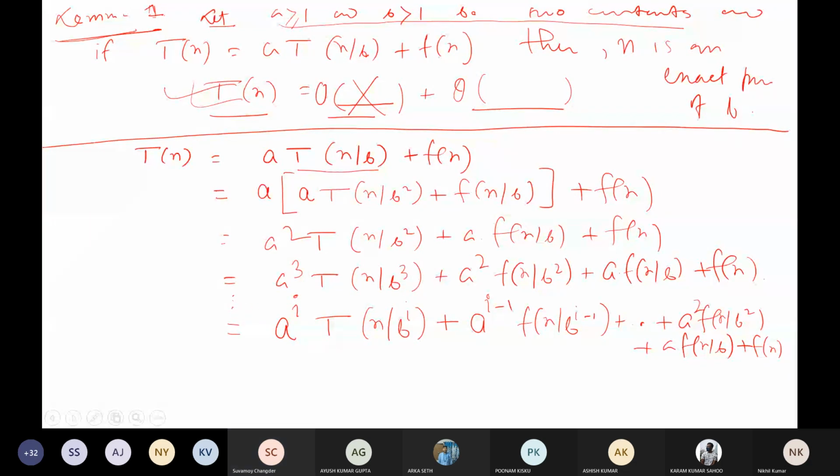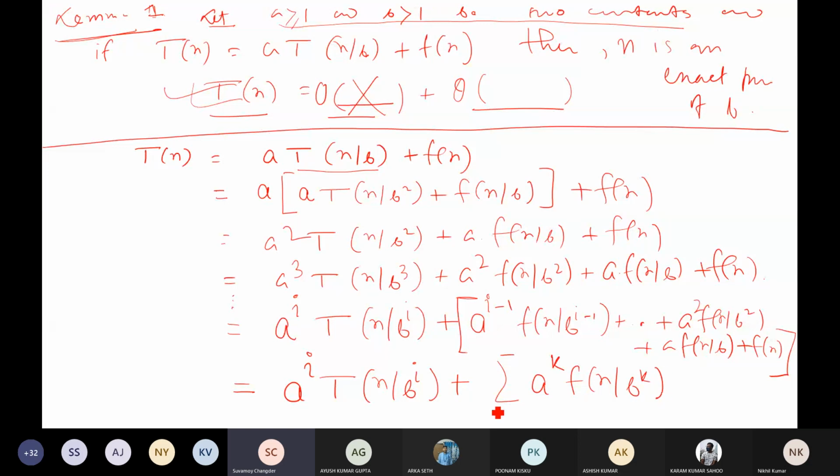Here you see, this is a series. From here we can think of this as a series. So we can write this equal to a^i T(n/b^i) plus the sum of a^k f(n/b^k), where k varies from 0 to i minus 1.